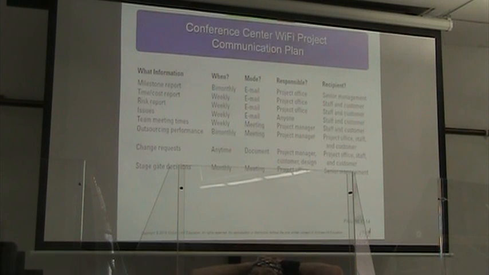All right, so each of those has to be decided: when are those going to take place? What mode do we send the report? Who's responsible to send the report? And who's going to get the report?